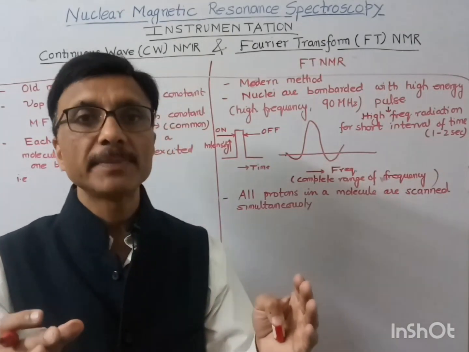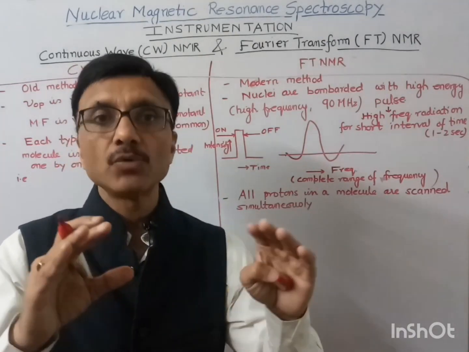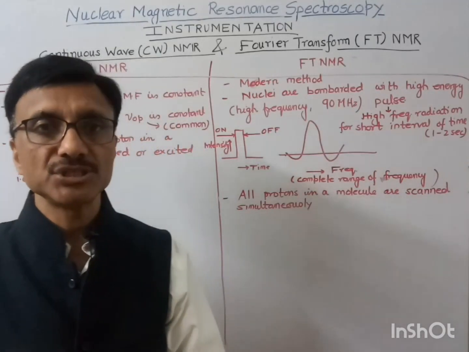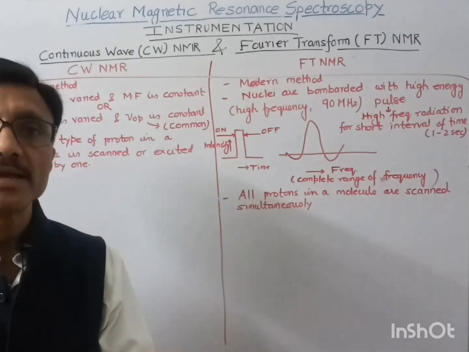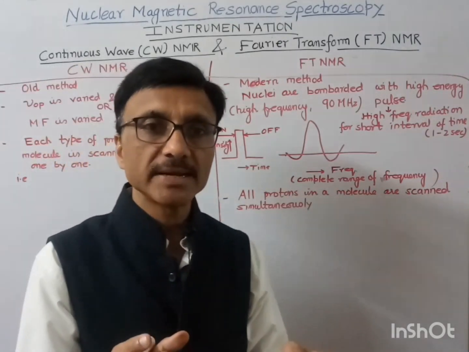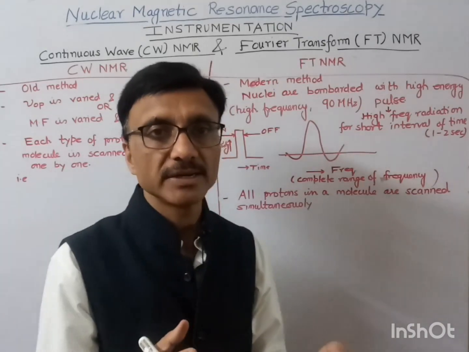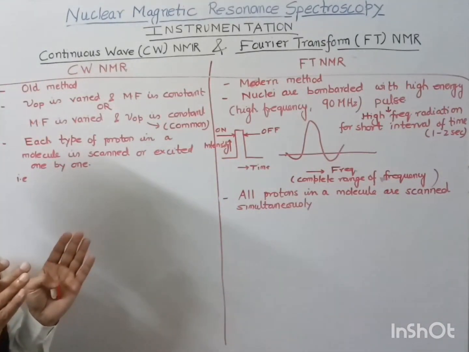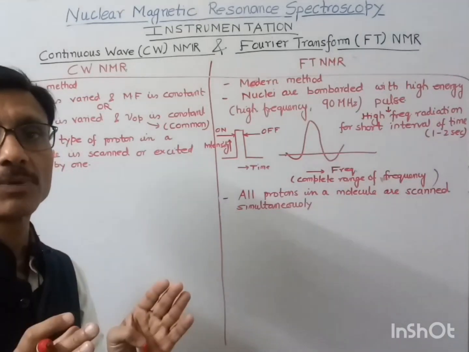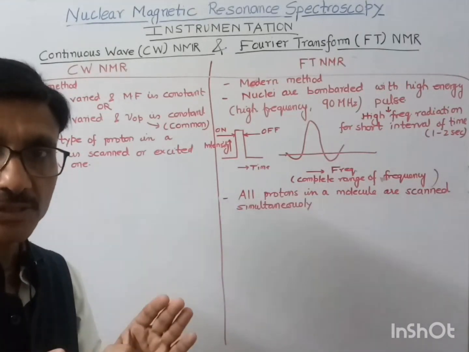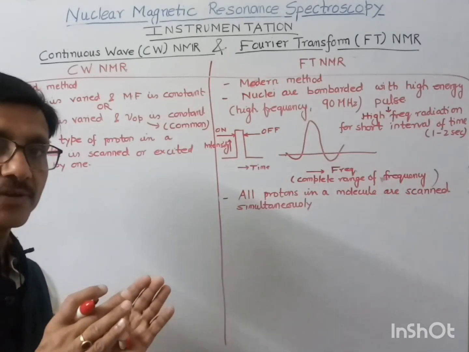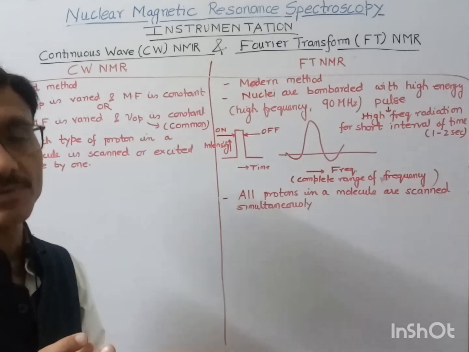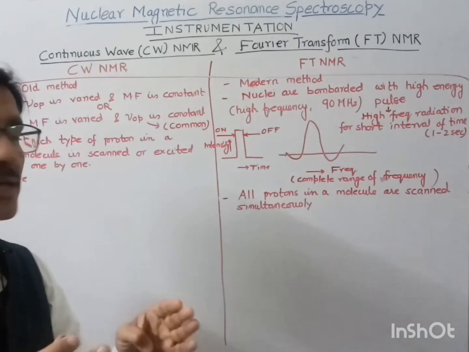So the de-shielded protons, surrounded by fewer electrons, are scanned first at lower magnetic field, and shielded protons are scanned later at higher magnetic field.